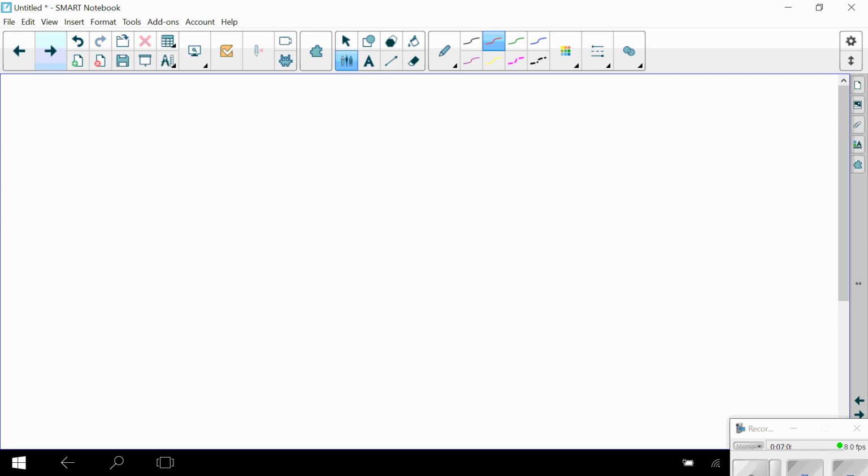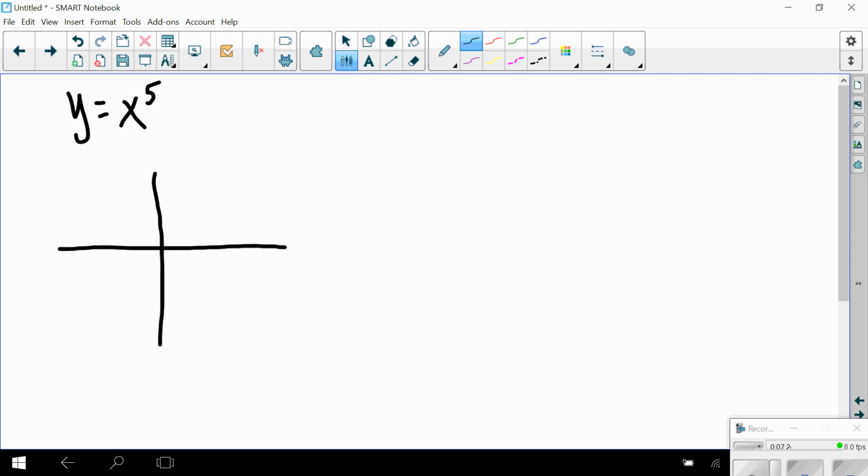So let's look at this. I'm going to draw a function that is 5th degree, which means my end behaviors are going to go in opposite directions, and I should have 4 turning points. Oh, I think I made a mistake. 1, 2, 3, here we go, 4.